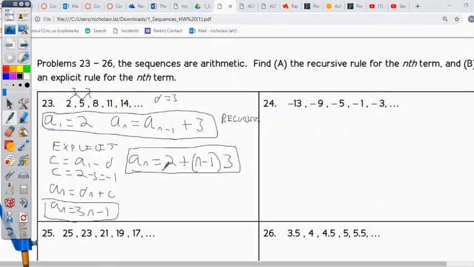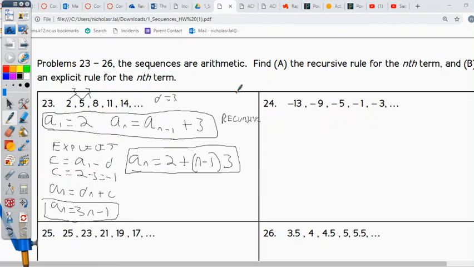The explicit form is just that I can plug in my term number for the sequence and get my output. If I'm trying to find the 5th term in the sequence, I can plug in 5 for n and get what that term is. This is helpful because I'm just given the first 5, and I can use these first 5 to create the explicit form of the sequence.